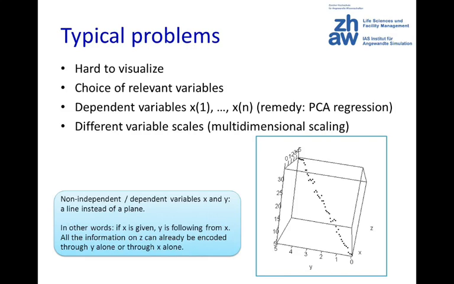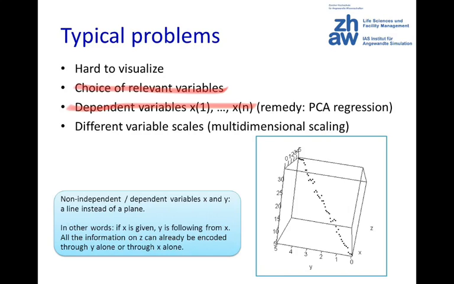The next difficult problem is what kind of relevant variables do we choose. So if we have x, y, and z, then it may be that z doesn't depend on x and y, but just depends on x. Or if x and y are very strongly related to each other, then z can already be explained through one variable, because maybe y is already explained through x, and then z is explained through x alone.